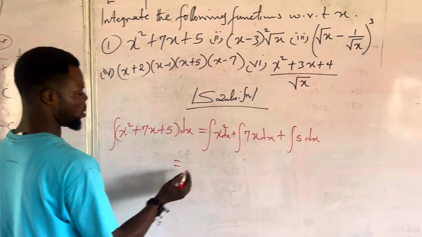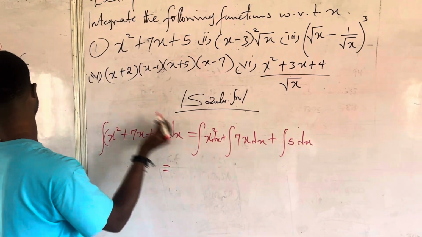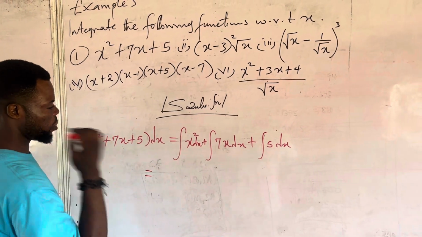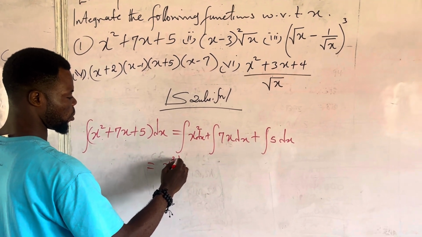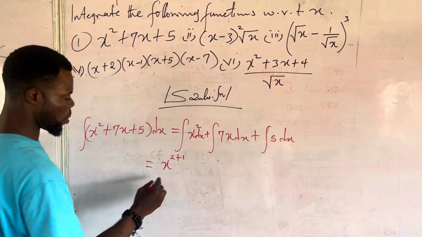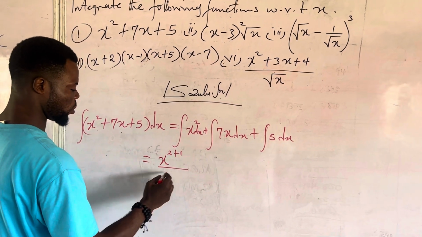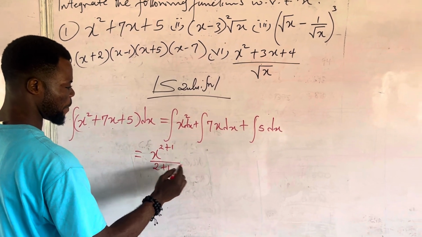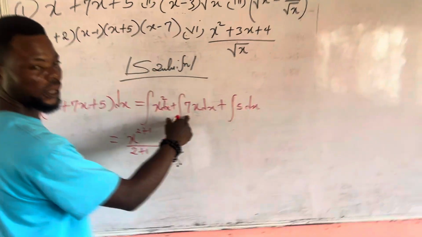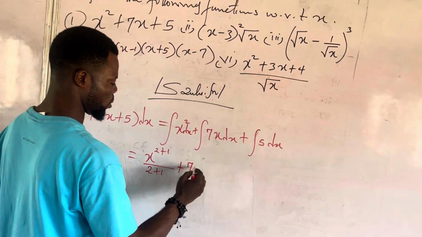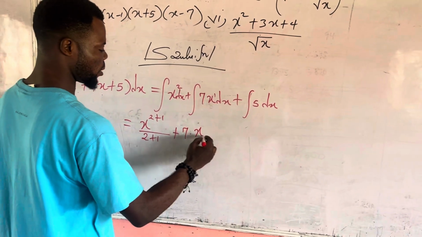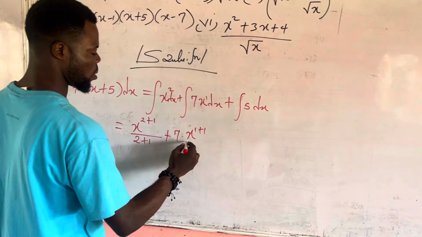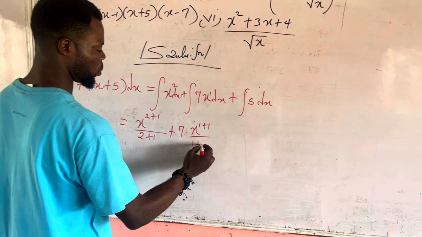So here, if you integrate this using the same method, like I said, you have x raised to the power of 2 plus 1. You are adding 1 to the power, divided by the new power again, which is 2 plus 1. Then plus 7 times, so this power here is 1, we have x raised to the power of 1 plus 1 all over 1 plus 1.